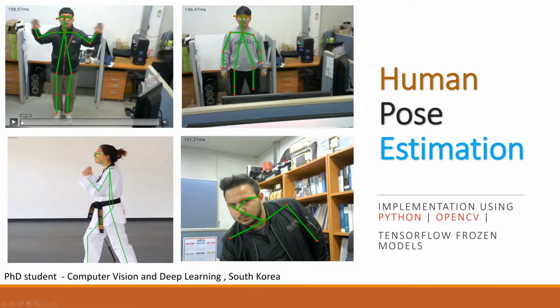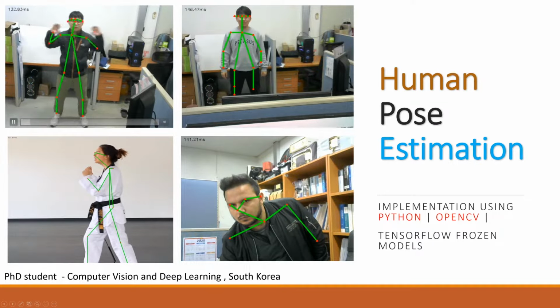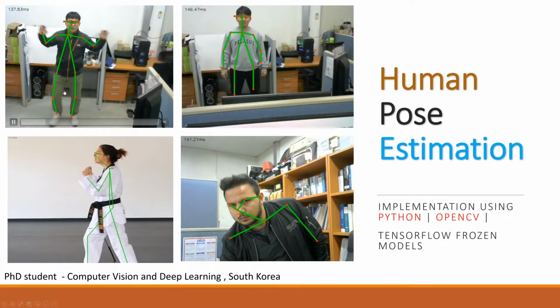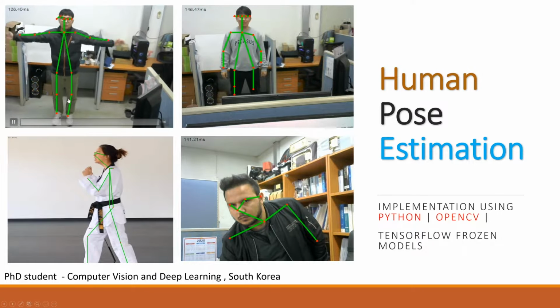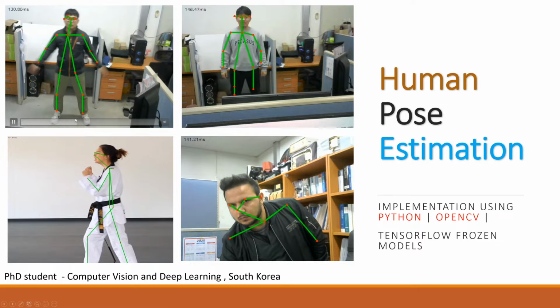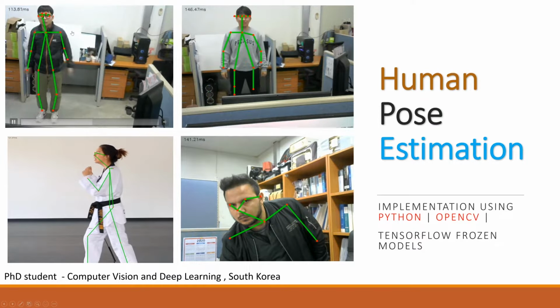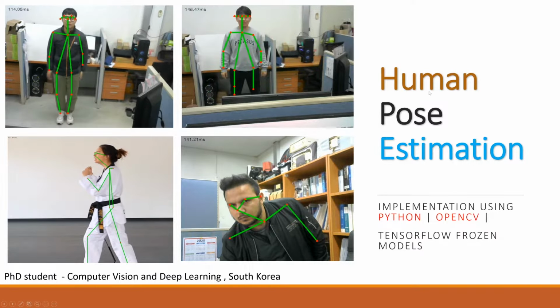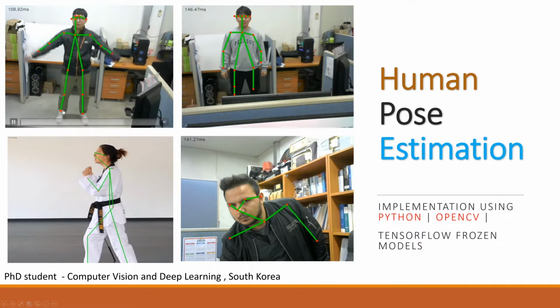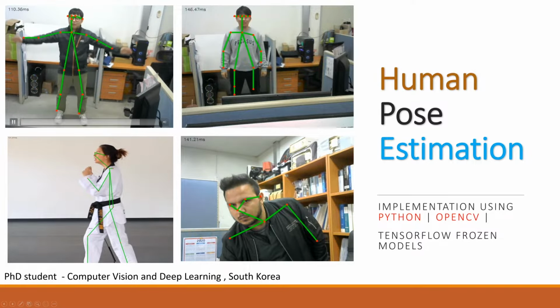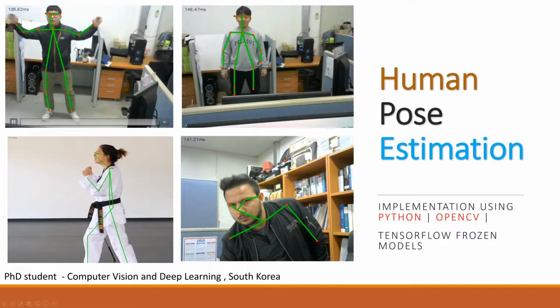Similarly, at the end of this video, we will also show you how we can deploy our algorithm using a webcam demo. In this case, you can see that as long as we have the full view of a body, the human pose estimation algorithm can detect all possible 18 points of the body skeleton.